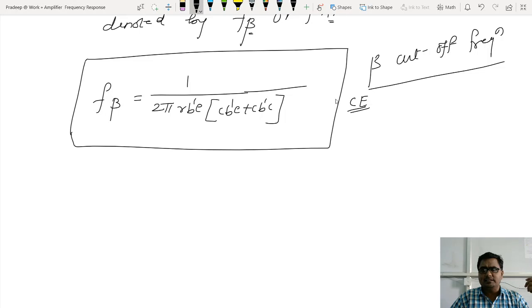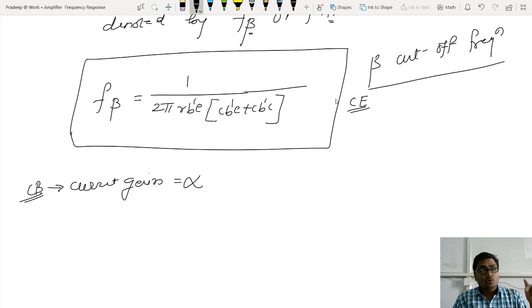This is all about common emitter. Now if I consider a common base amplifier, then for the common base amplifier, current gain is equal to alpha. It's not beta, it is alpha for common base. Then for the common base amplifier, the frequency will be F alpha instead of F beta.